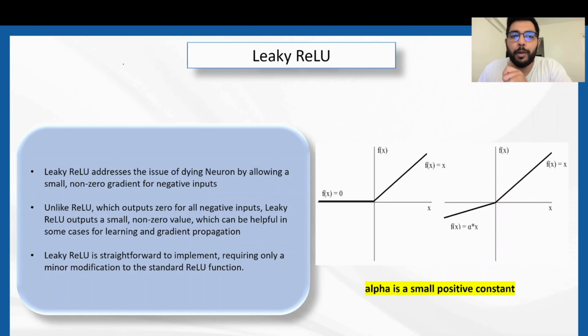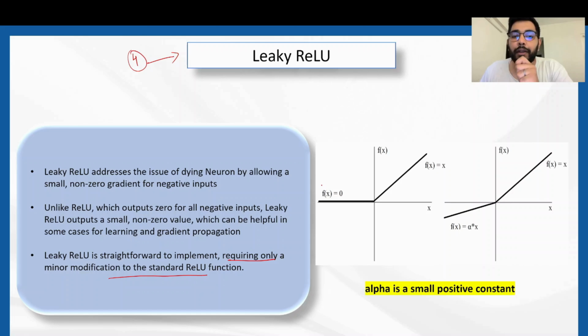Coming to the fourth most prominent type of activation functions, that is leaky ReLU. Leaky ReLU is also a straightforward implementation, but it requires just a minor modification to the standard ReLU function that we saw. Leaky ReLU was introduced to address the dying neuron or the dying ReLU problem that we just saw. Why was this problem happening?